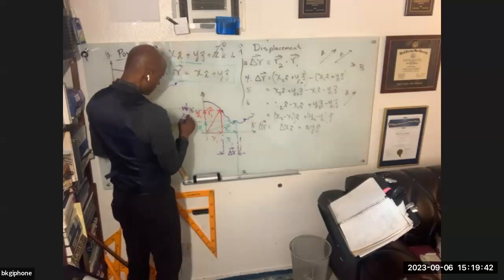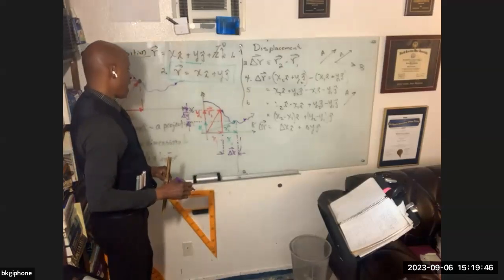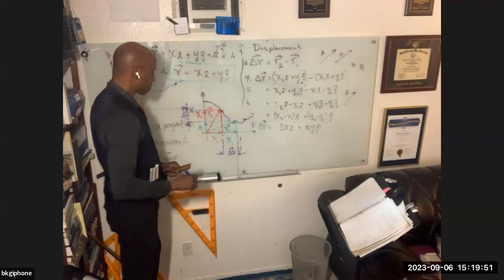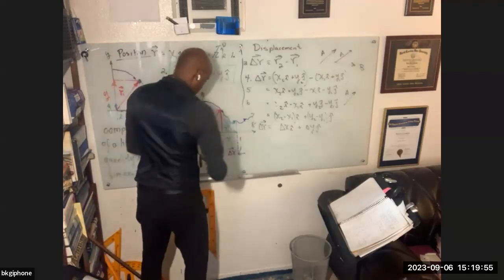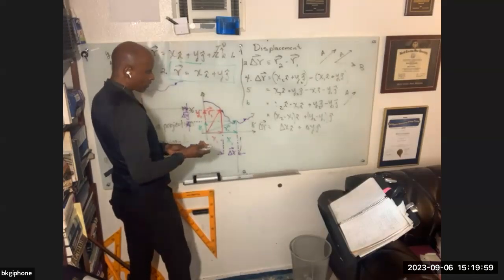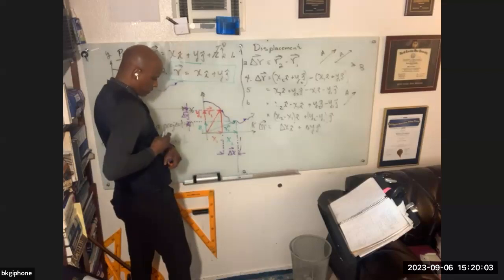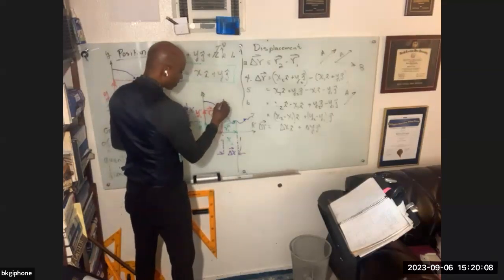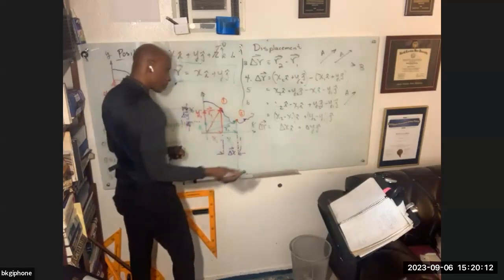So that's delta Y. And delta R then, so the N is going from two positions, right? This point right here is position 1, right? And this point right here is position 2.